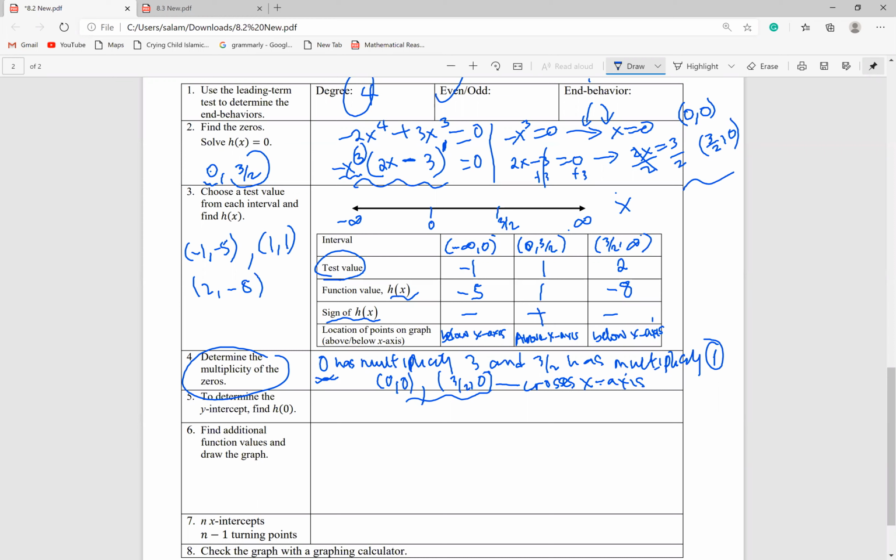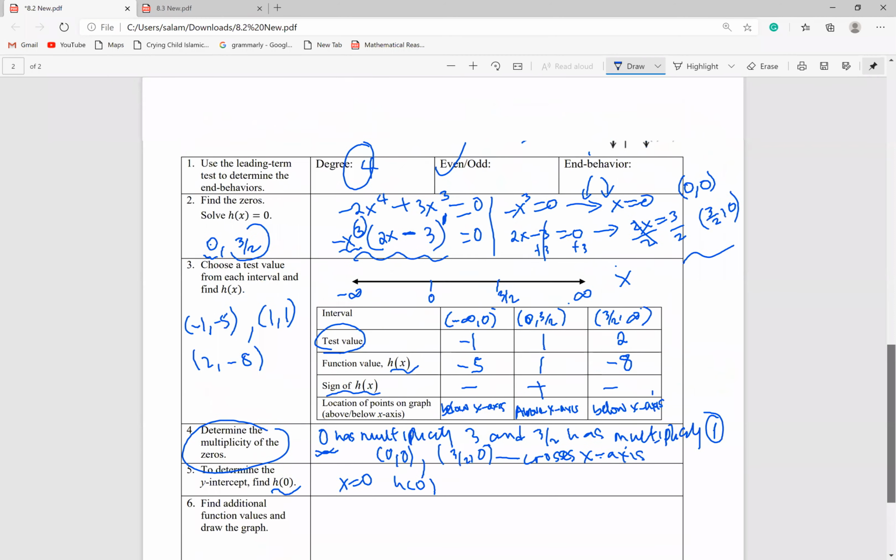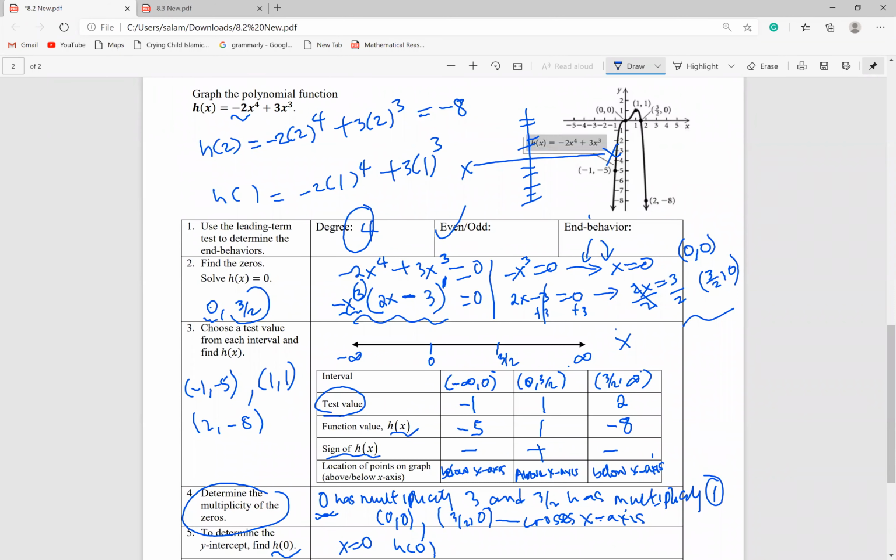And we have to determine the y-intercept, okay? The y-intercept is simply when your x is equal to 0, which simply means h of 0. When you put that into the function that was given to us, you see that that is going to be 0.